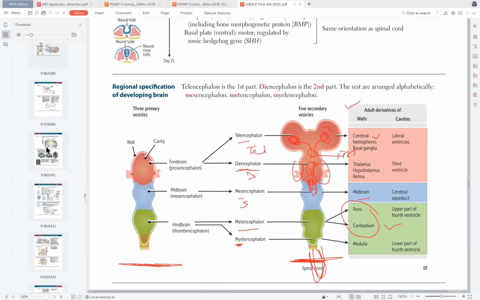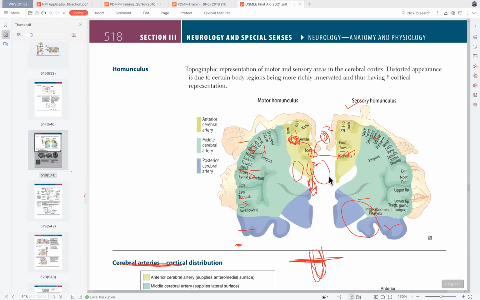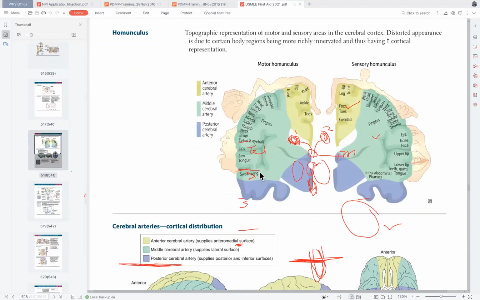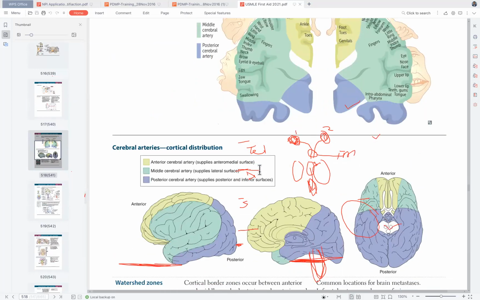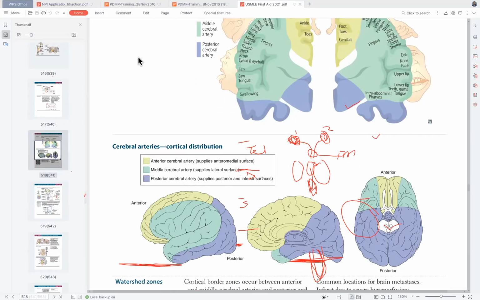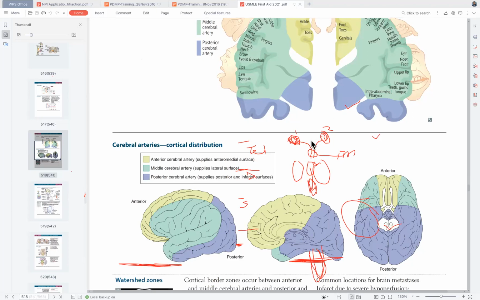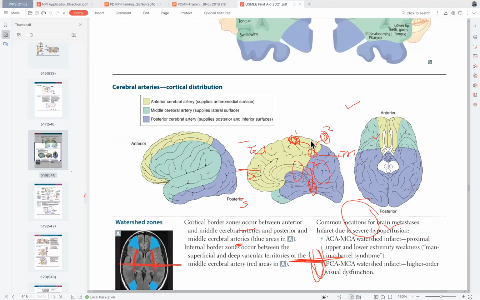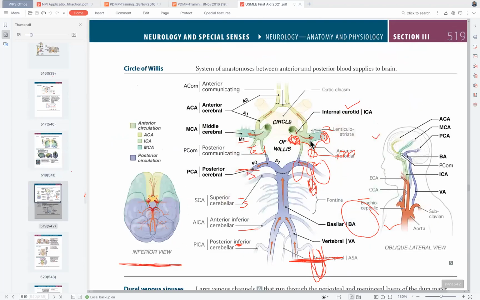Okay, let's use this image. All right, you see this, right? Yeah, the homunculus, the one with the leg and the face and all that. Yeah, this one. How about this one?